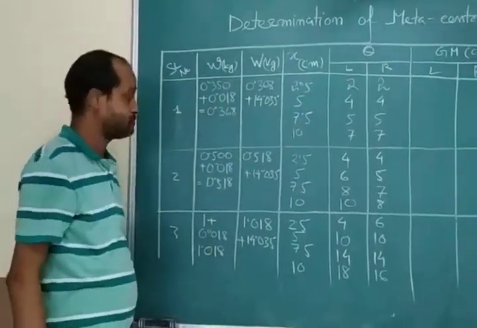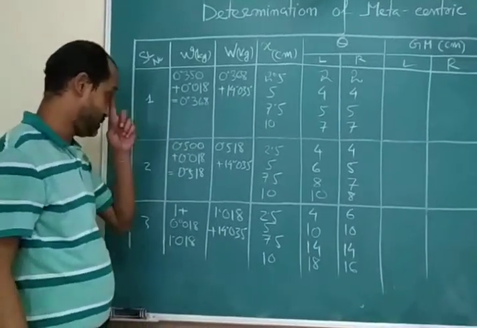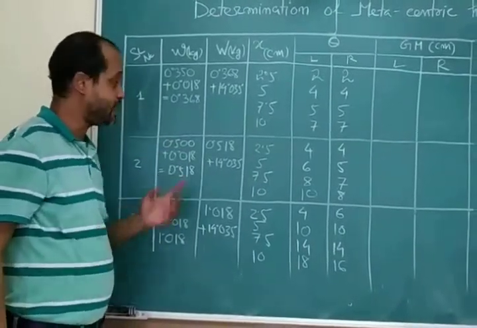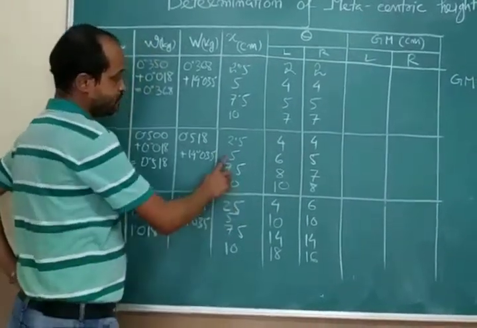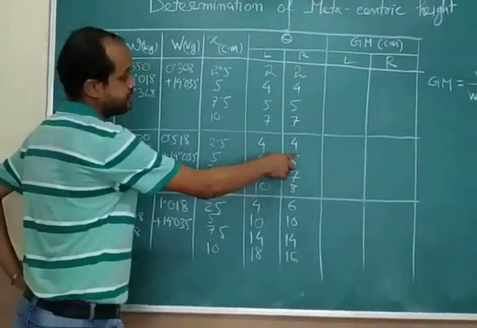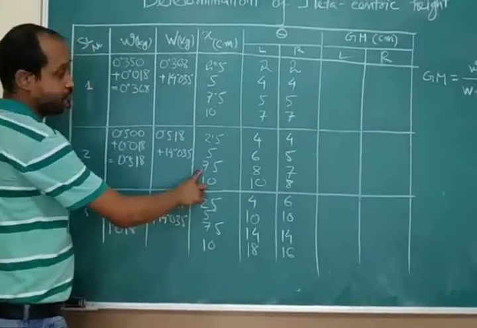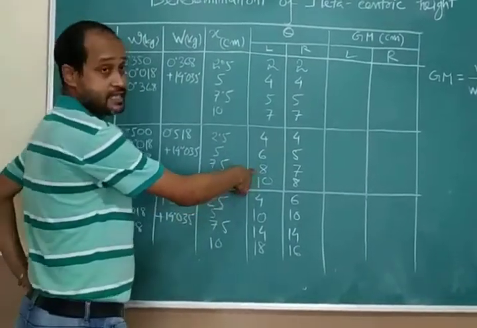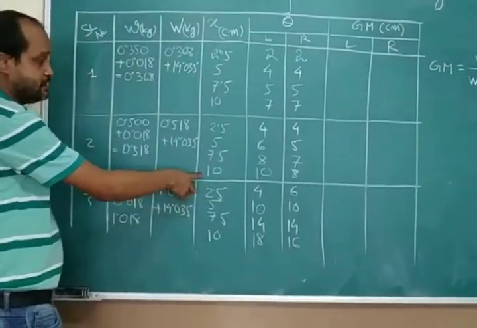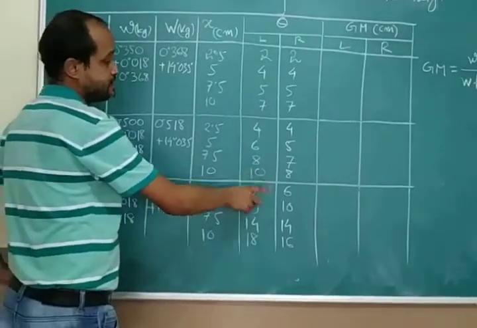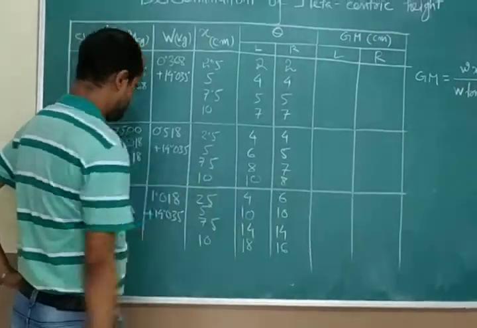Similarly, for 500 gram, 2.5 is 4, 4. For 5, left hand side is 6, right hand side is 5. 7.5, left hand side is 8, right hand side is 7. And for the position 10, left hand side is 10, right hand side is 8.